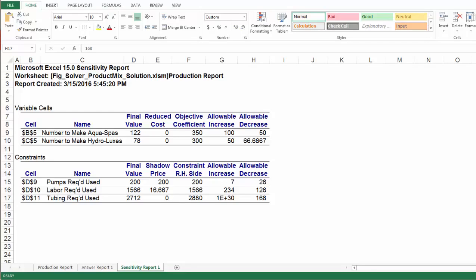Now, you may wonder why the pump shadow price is $200 and its allowable increase and decrease is 7 and 26 respectively. Let's once again look at the graphic demo of our Blue Ridge example.